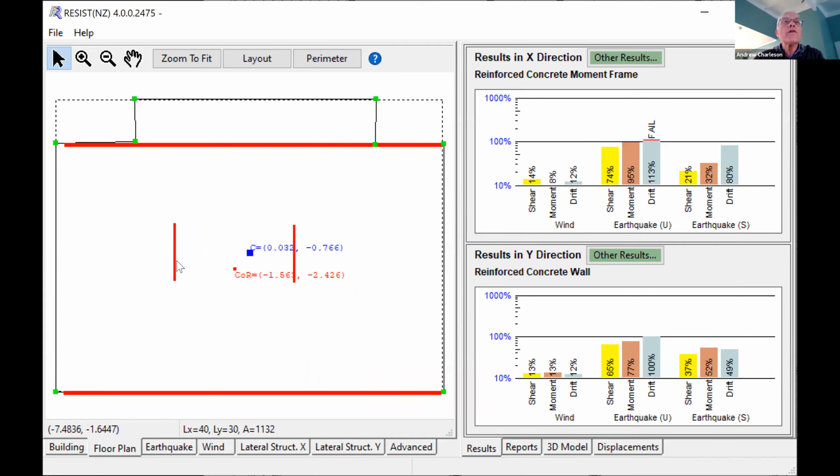You see, if I move them too close together, I'll just get the warning that I haven't got enough separation. So if I want to use these walls as shear walls, I've got to move them out a bit wider than they are in the clinic.